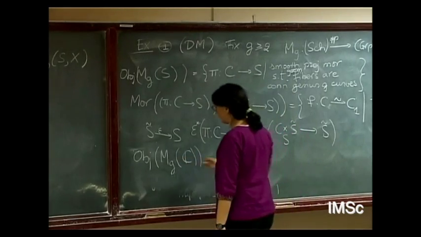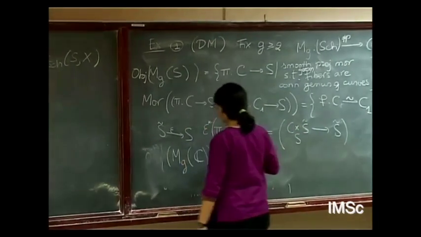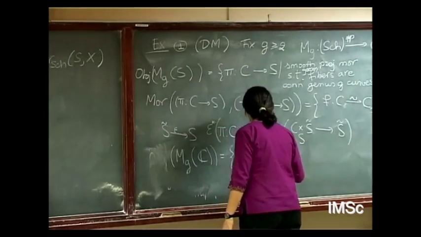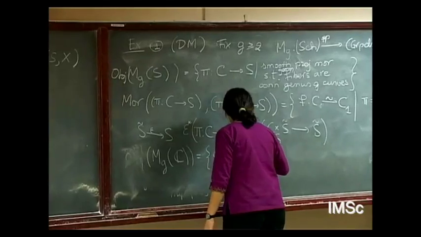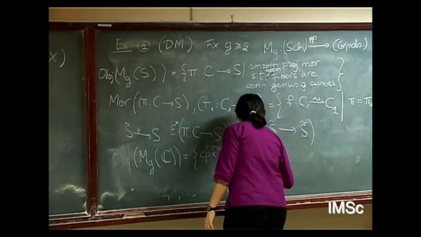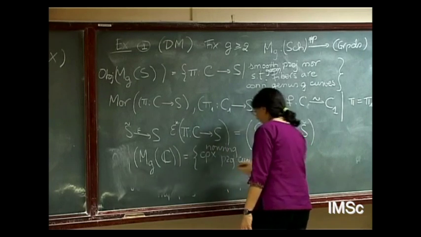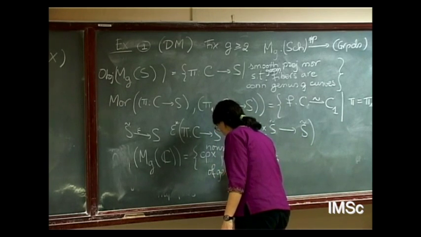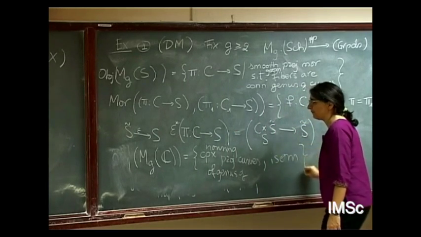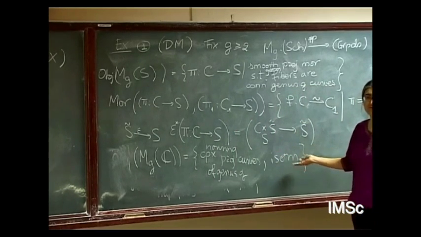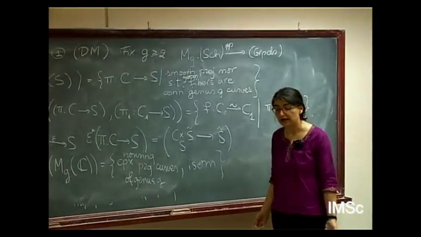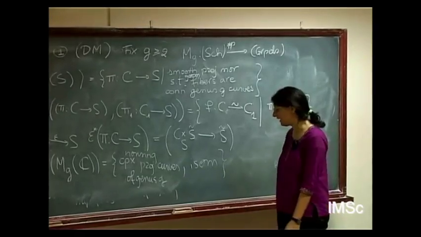As a groupoid, this is given by complex non-singular complex projective curves of genus g and the isomorphisms among them. So this is very clearly a groupoid. So is it a rigid groupoid? And the answer is no.